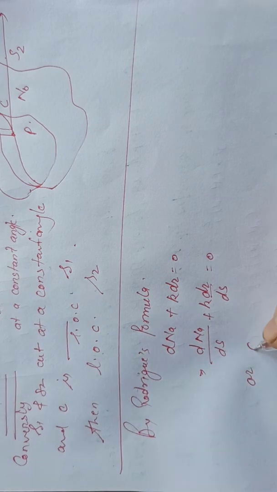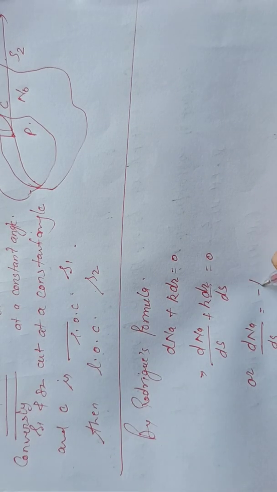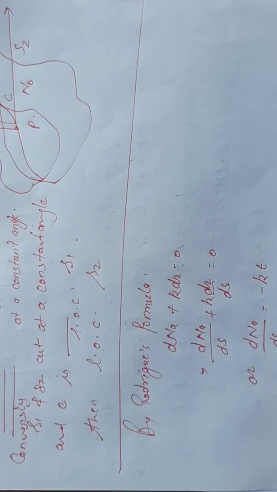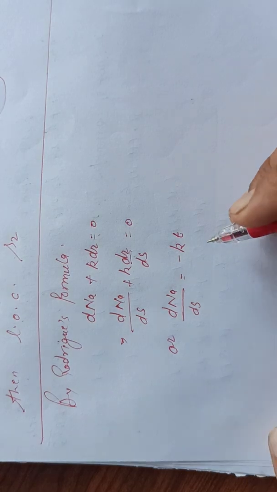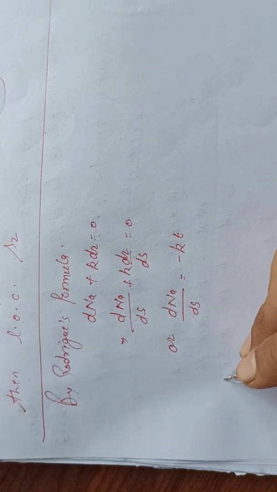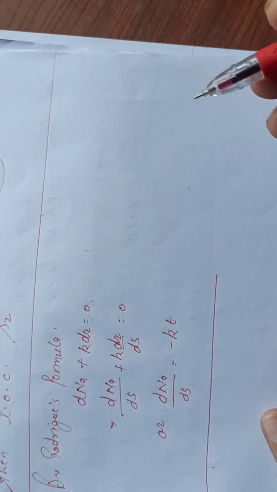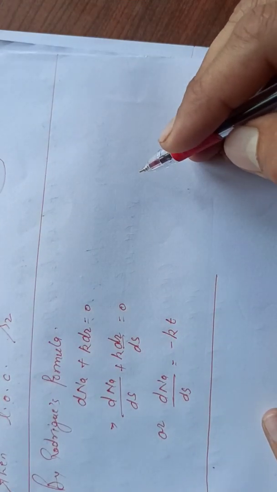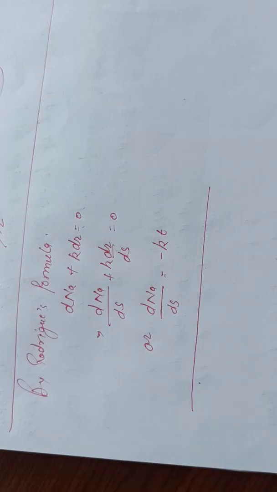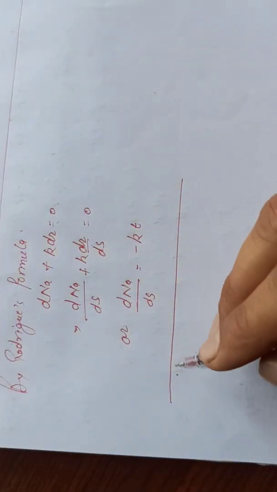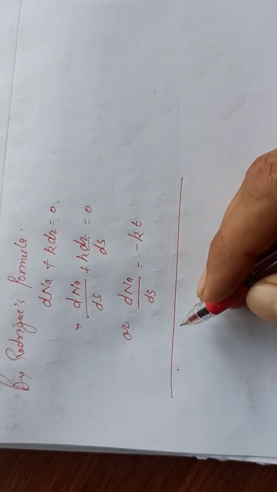Or dNA by ds will be equal to minus k, and dr by ds can be written as t. Similarly, C is also a line of curvature to the second surface.